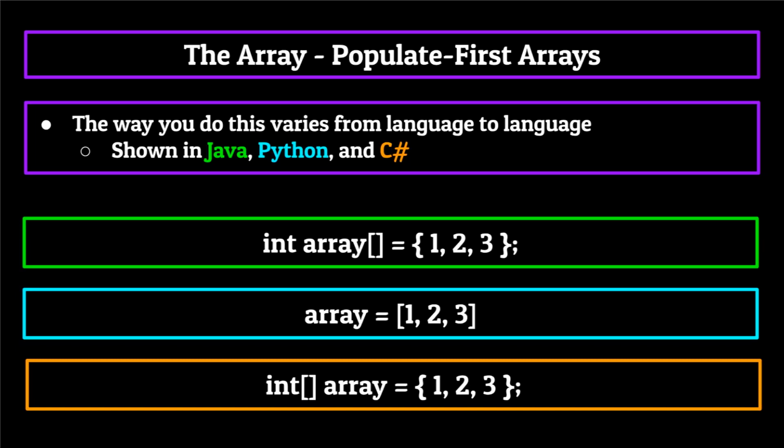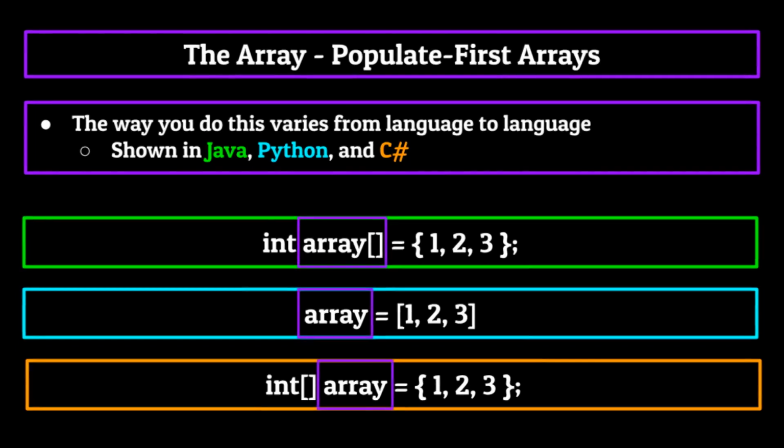You can see that all of them involve the declaration of an array name, which is then set equal to the values you want to include within the array, encapsulated by some sort of brackets or braces. This isn't 100% how it's going to be for all languages, but for the most part it will follow this skeletal outline. As you can see, Java and C# require you to define the array type, whereas Python does not, but for the most part the syntax is the same.